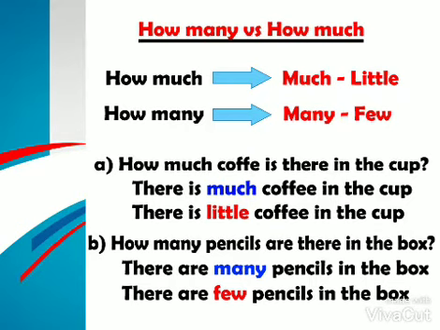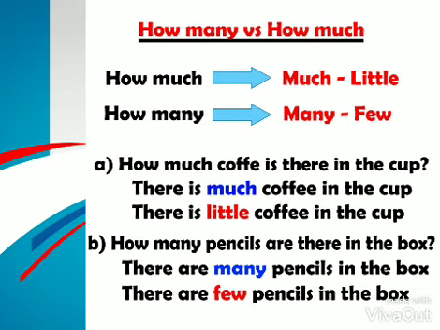If we want to answer how many and how much questions, we use much and little for how much, and we can answer using many and few for how many. For example, how much coffee is there in the cup?